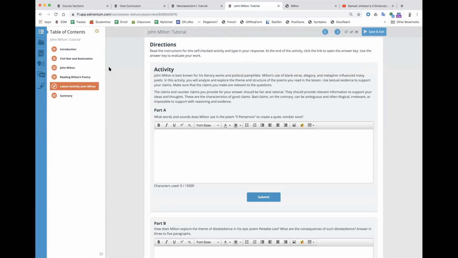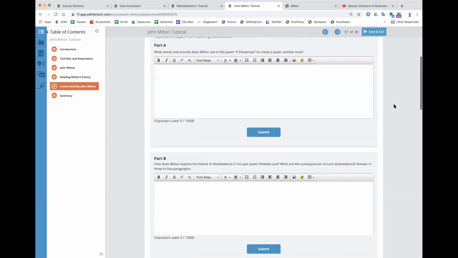Some of the stuff that's interesting, like he went blind, and so his most famous work, Paradise Lost, was actually transcribed for him. There's little bits of really interesting stuff in there, especially the history of what was going on in England at the time.